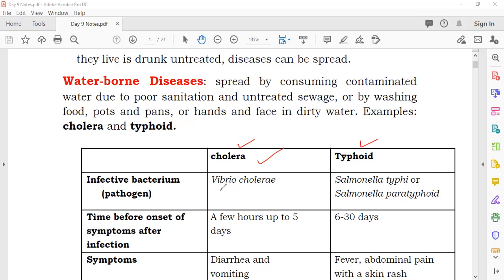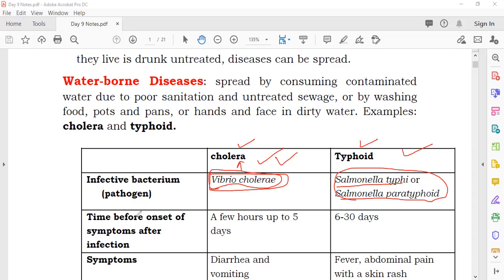This is the bacterium which causes cholera. After that you have Salmonella typhi, or Salmonella typhoid. These are the names, so you should remember them. I think in biology you also have these topics. So first of all, you should know the name of the bacteria responsible for these diseases.